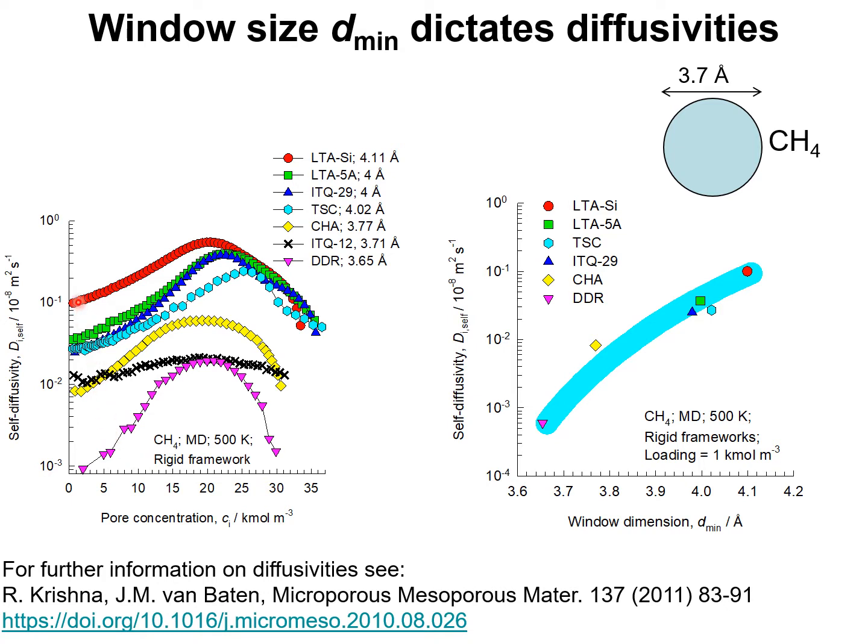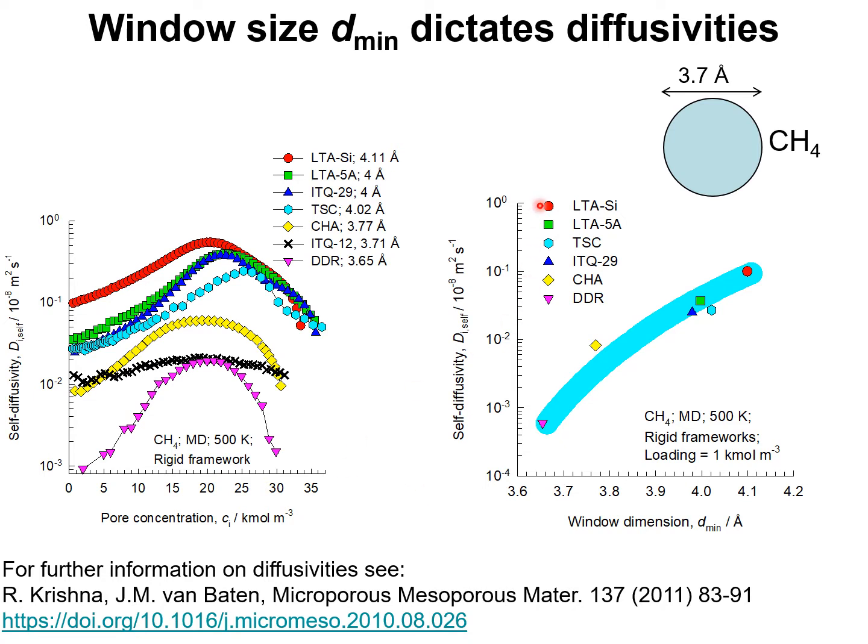For a comparison of the diffusivity values, we take the diffusivities at a loading of 1 kilomole per cubic meter, and the diffusivity values for these cage type zeolites are plotted as a function of the window dimension d-min, and we see that the self-diffusivity values at this loading correlate with d-min value, ranging from 3.65 to 4.1 angstrom, and the variation is about 2 orders of magnitude.